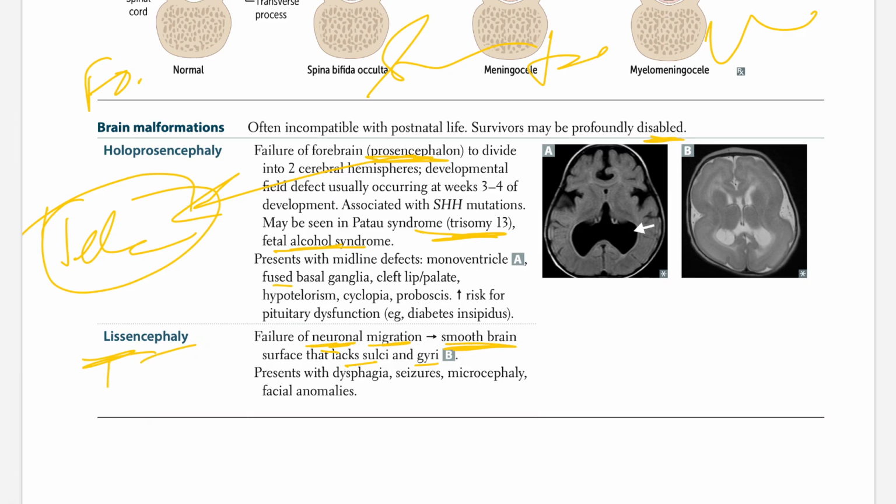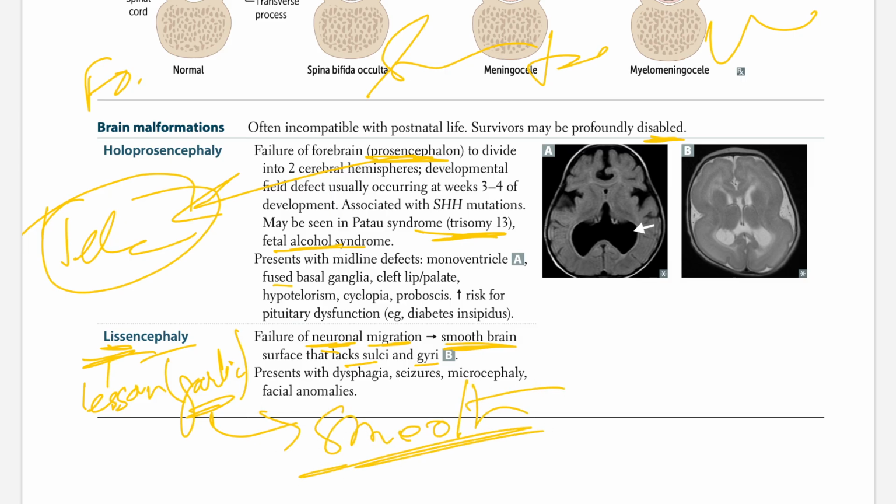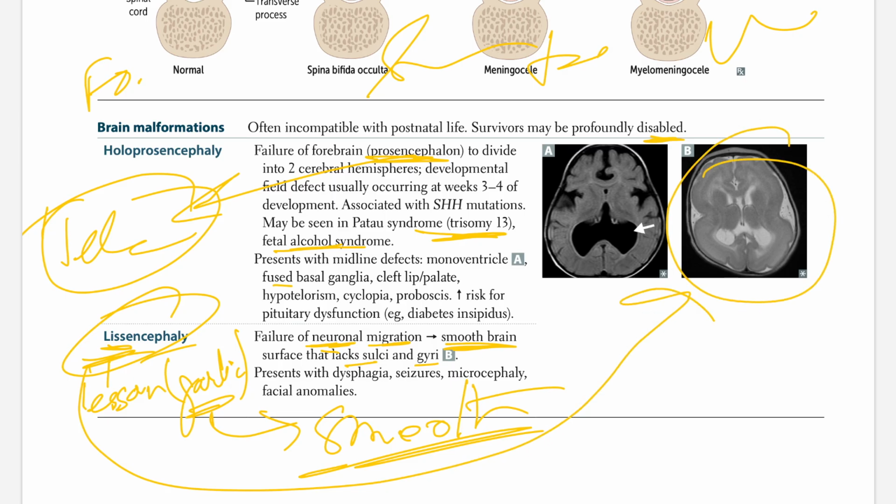But lissen is like garlic. When you think about garlic, it is pretty smooth, right? Pretty smooth guy. So lissencephaly is a smooth brain without any sulci or gyri.